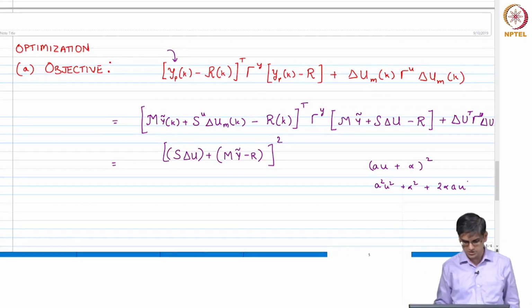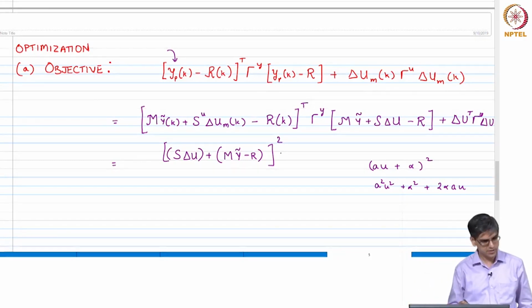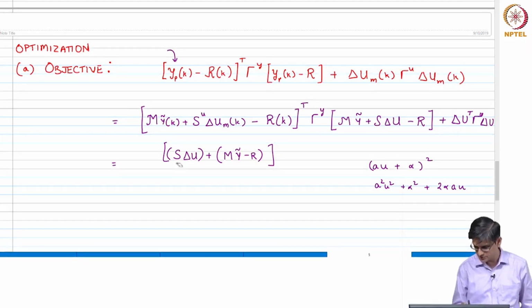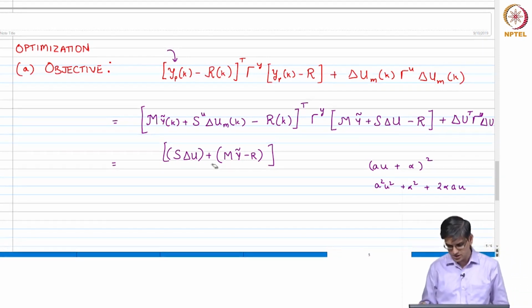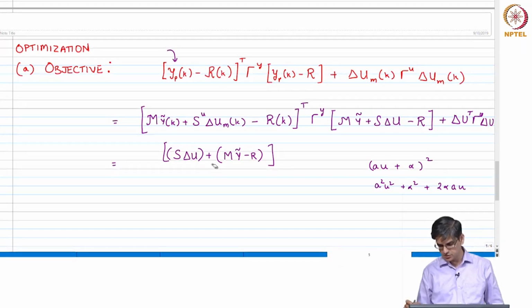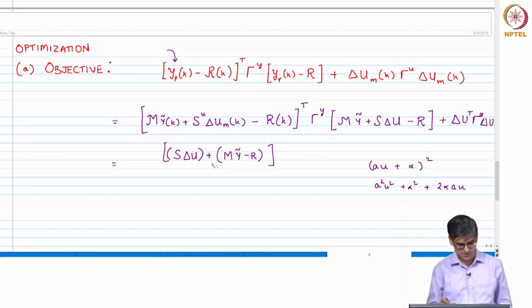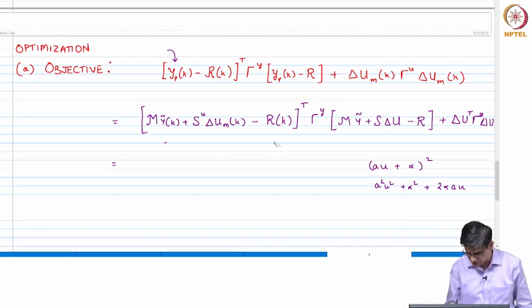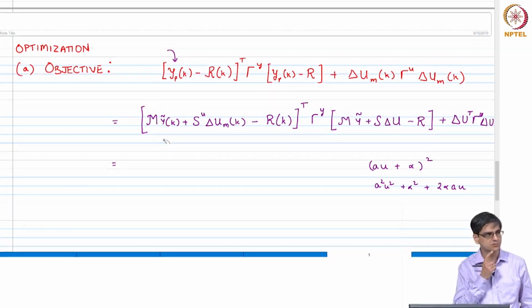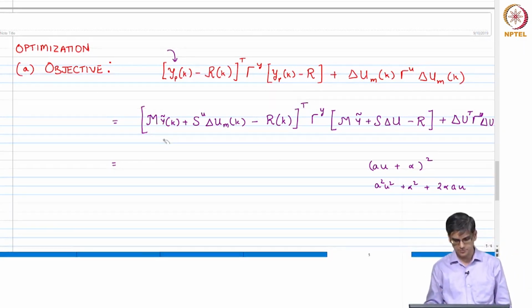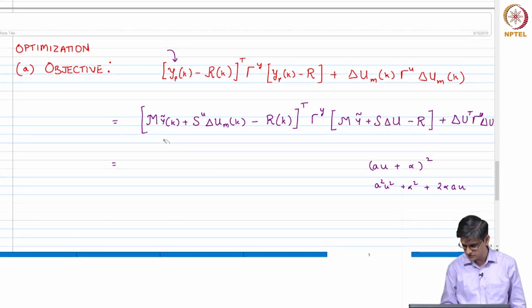We are just going to use that idea over here. Keep in mind your alpha is like my tilde minus r, and your a is like your S. Accordingly, we will write what happens when you have matrix terms coming in.